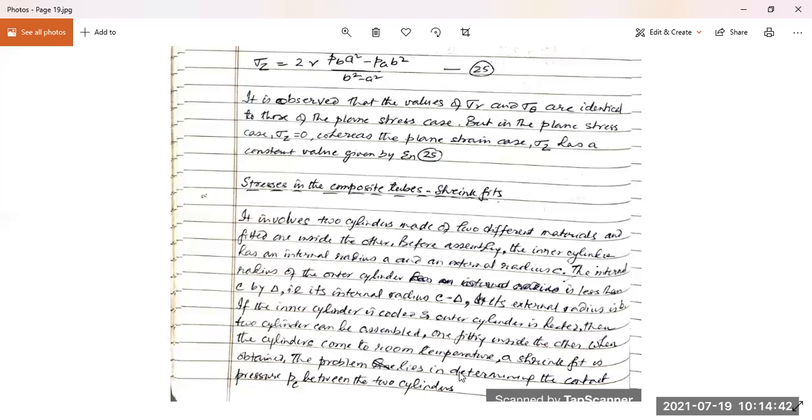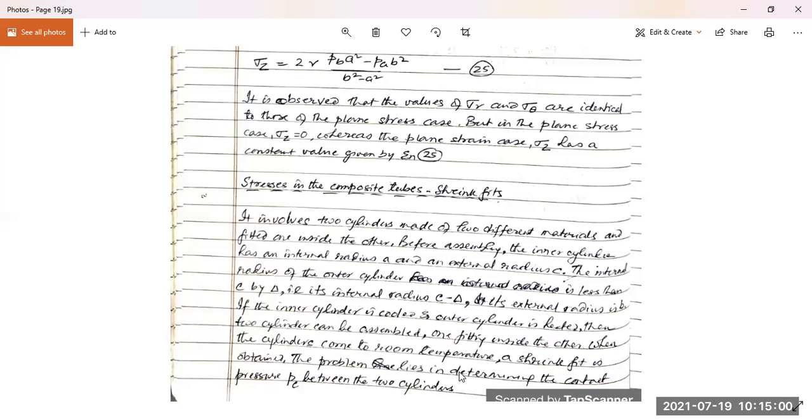So before assembly, the inner cylinder has an internal radius A and an external radius C. Here we are thinking that the inner cylinder is also hollow, as well as the outer cylinder. So first we are assuming what is the inner cylinder.